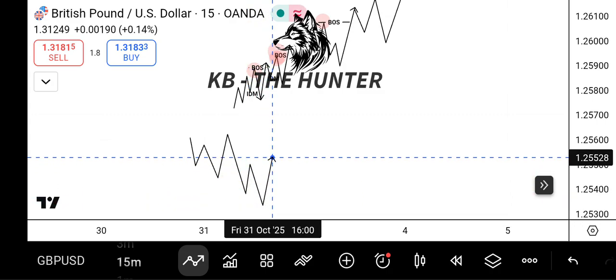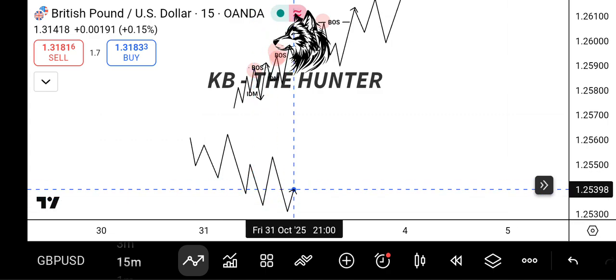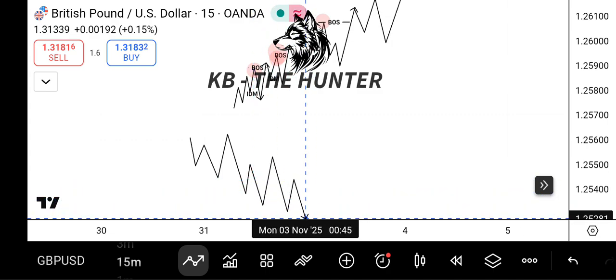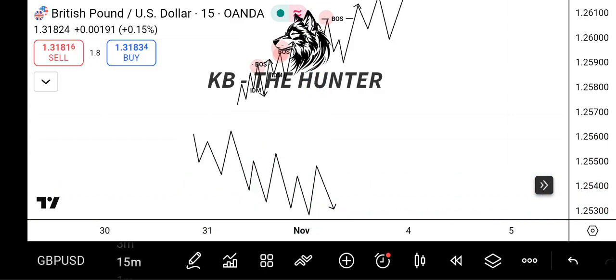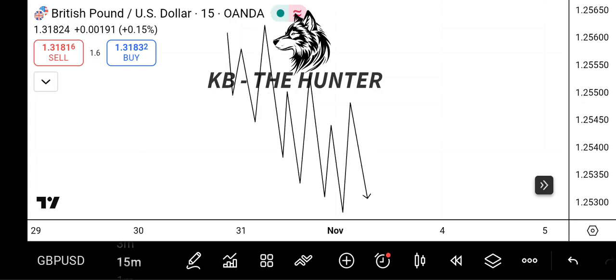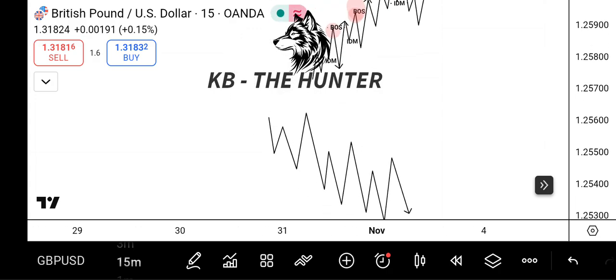Inducement has been taken, our lower low has been confirmed, and so on and so forth. So this is how it is being marked.